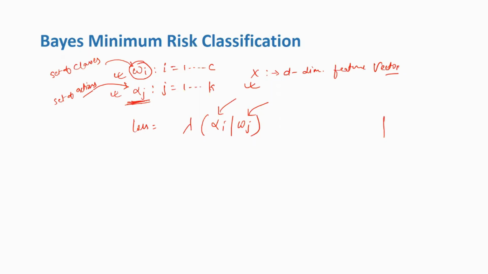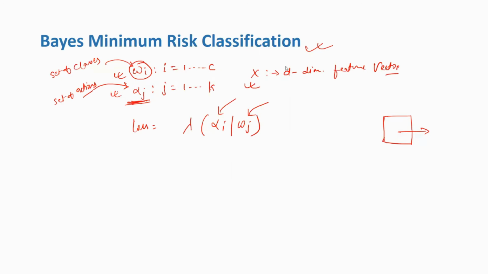The algorithm will take actions, meaning it will try to predict. When it is predicting or calculating something, there is always some risk involved, which is given by this Bayes minimum risk classifier.